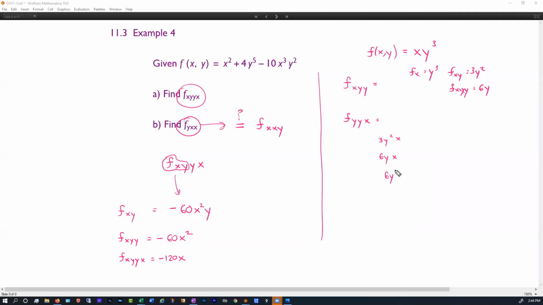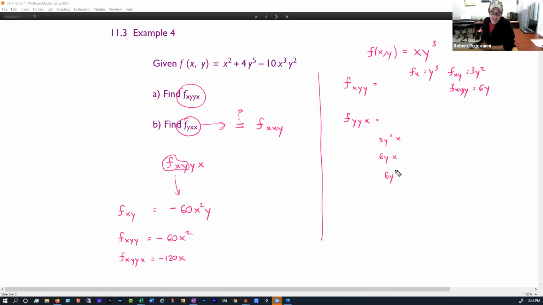So maybe we can make a simple conjecture that the derivative is commutative for polynomials. And then that makes life very easy. You could just knock out all the variables in one case, all the variables in another case, and you're done. Yeah, that would be good. You would have to prove it though. That would be the hard part.